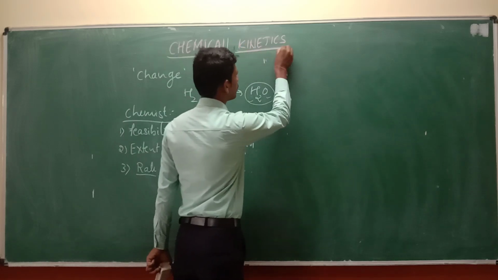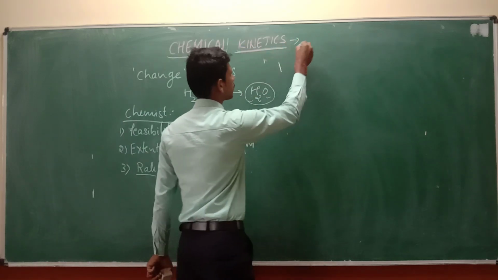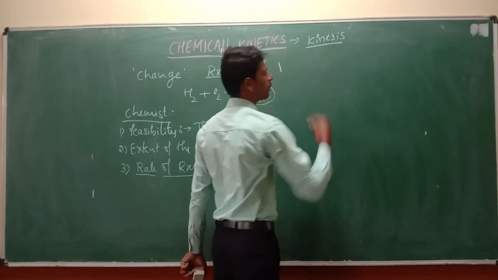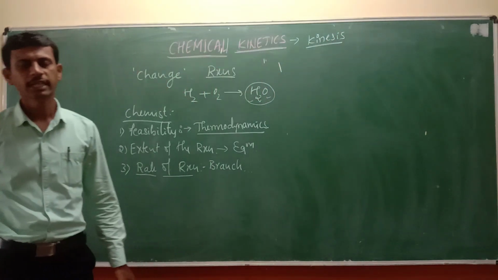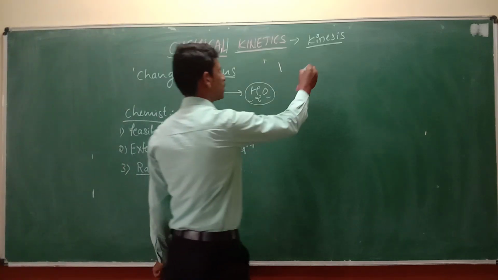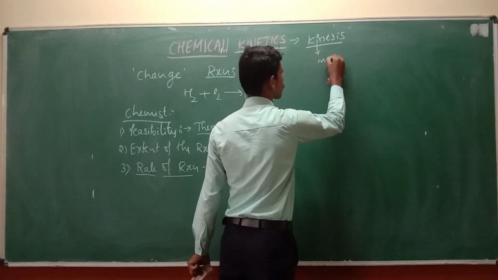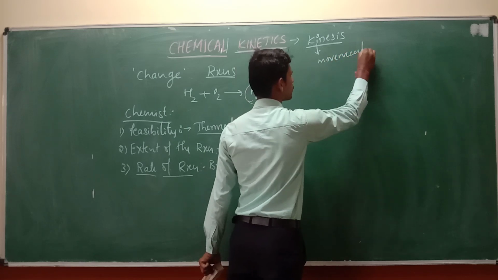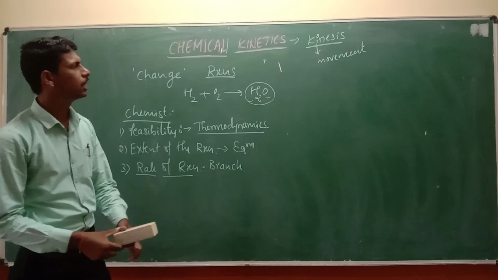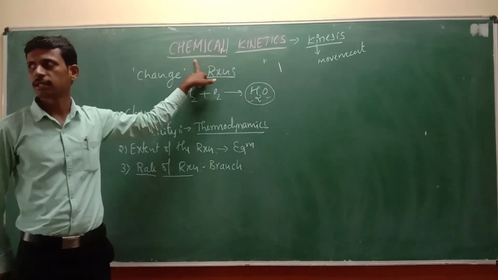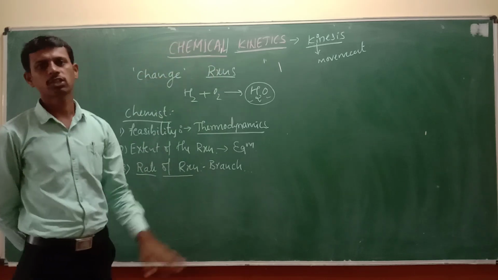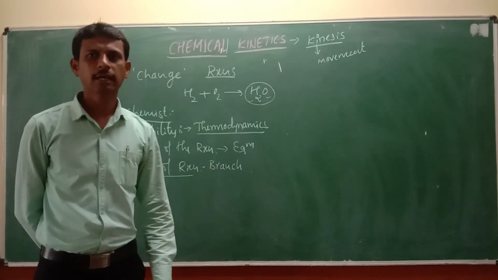Chemical means chemical. Kinetic is a word derived from the Greek word kinesis. Kinesis means movement. We are studying the movement of the chemicals. That branch we call chemical kinetics.